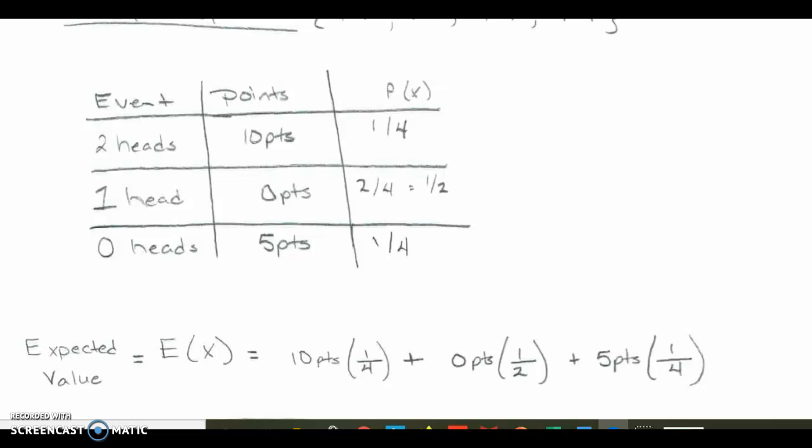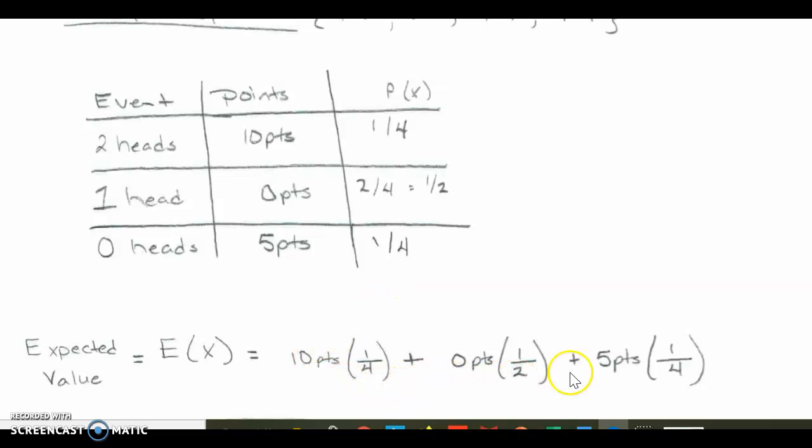To find the expected value, E(X), I multiply the value by its probability. For 10 points, I had a 1/4 shot of receiving 2 heads. For 0 points, I had half a chance of receiving 1 head. And for 5 points, I had a 1/4 chance of receiving 0 heads.